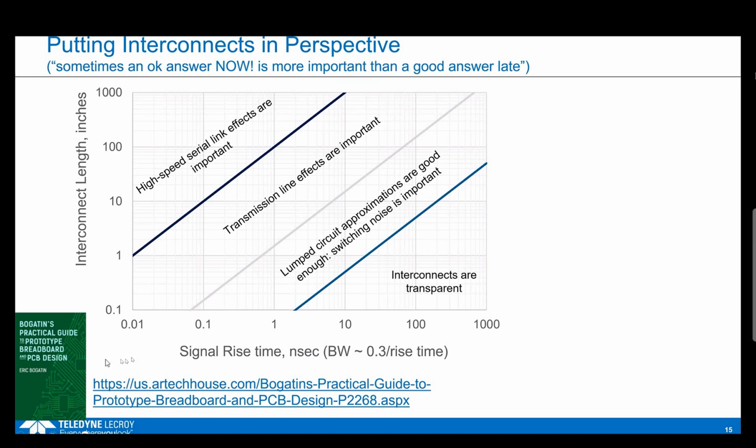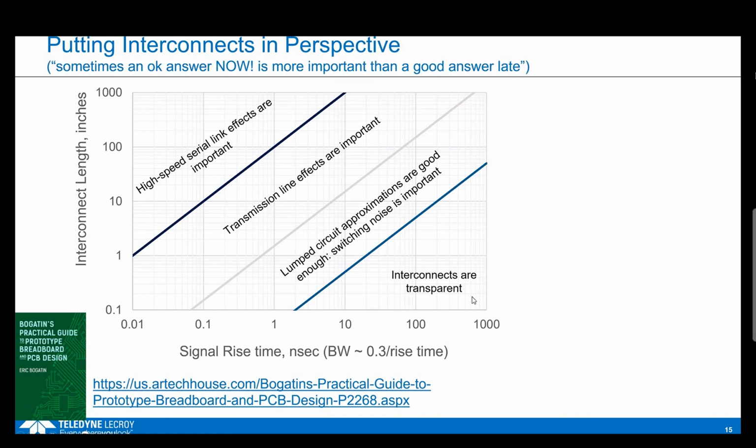In the textbook, I go through the model, but I'll just walk you through the details here. If you have a long enough rise time, this is 10 nanoseconds, 100 nanoseconds, in the tens of nanoseconds, and lengths on the order of an inch or less, so long rise time and short lengths, in many cases interconnects can be transparent.